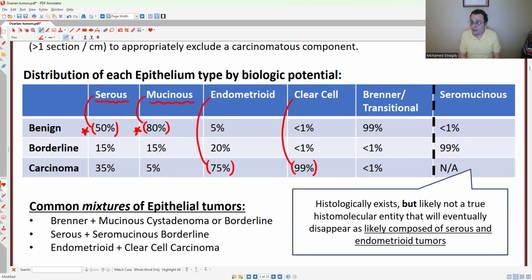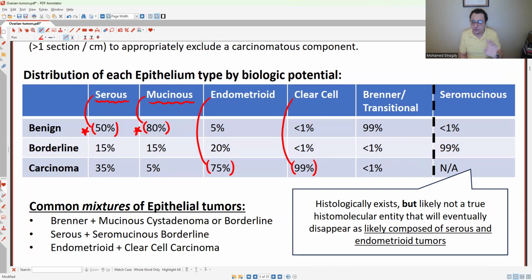So if you are getting an ovarian cyst excised, or an ovary removed, and you need to submit sections for frozen or permanent, if it's serous or mucinous, you are putting in the back of your mind that it's highly likely that it's going to be benign.